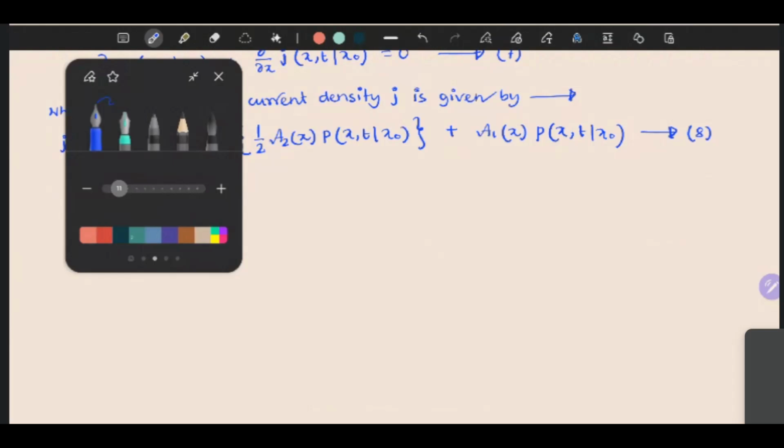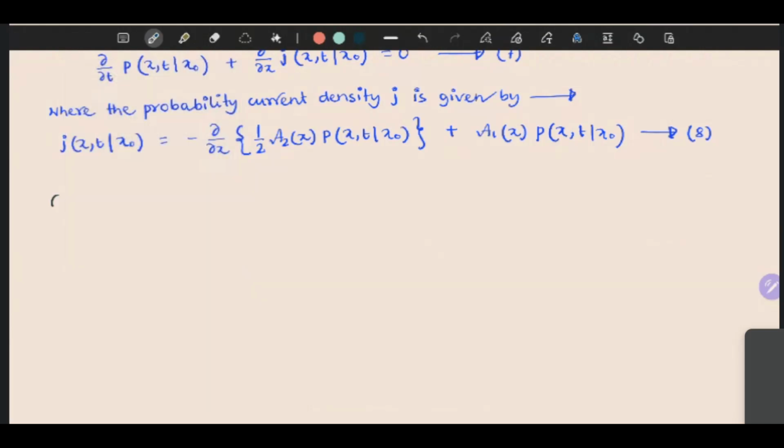Now consider the case where t actually tends to infinity.